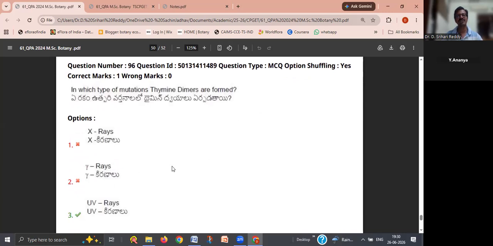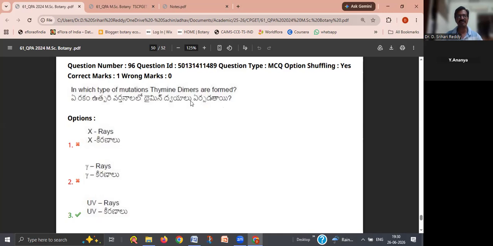Next, in which type of mutations are thymine dimers formed? You know, in the DNA there are adenine, guanine, thymine, cytosine, the four nitrogen bases. But in one type of mutation, if two thymines are present next to each other, they are linked and form a dimer.